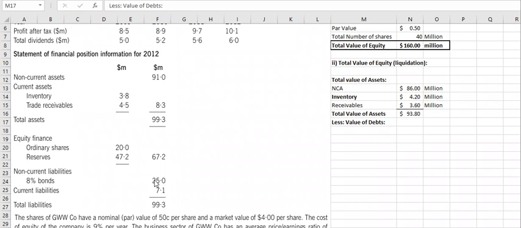The non-current liabilities have a value of 25 million, and the current liabilities have a value of 7.1. So let's add these two values, and we will get the total value of the debts. Because if these assets are sold, out of these assets, these liabilities will be settled. So whatever is left after deducting the liabilities will be the value of equity.